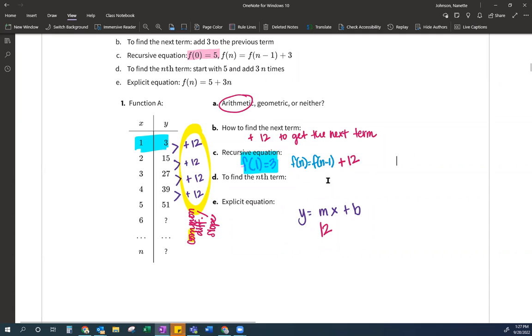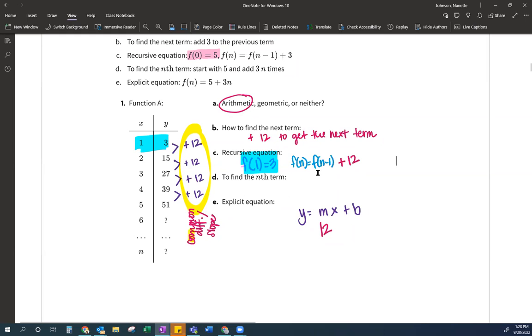Oh, okay, so this guy here, if I translated it to English, says next equals previous plus 12. So next equals previous plus 12. Okay, thank you for letting me know.